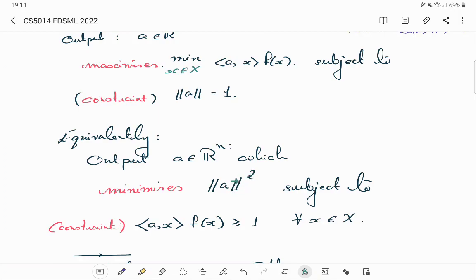The square is introduced so that this function is differentiable. We minimize the norm of A squared, subject to the condition that the minimum of the inner product of A and x times f(x), or equivalently for every x, the inner product of A and x times f(x) has to be at least 1. So you fix the margin and find the smallest norm.